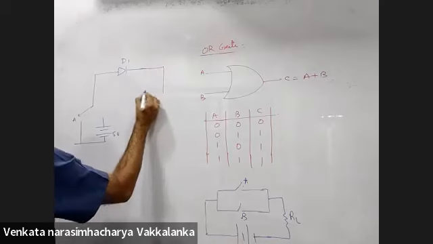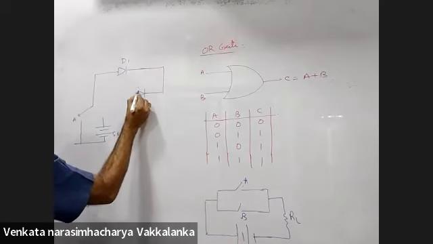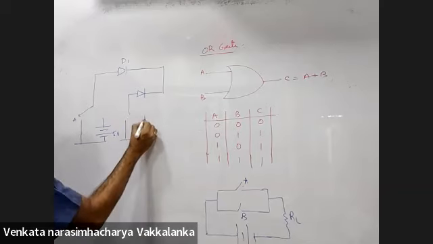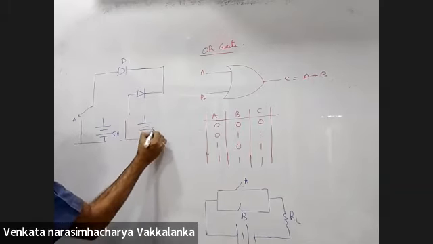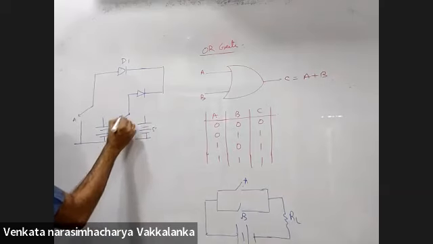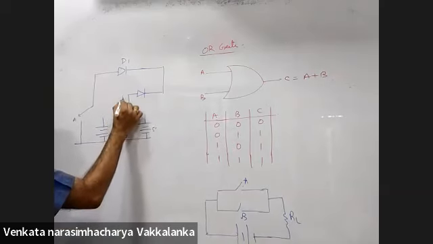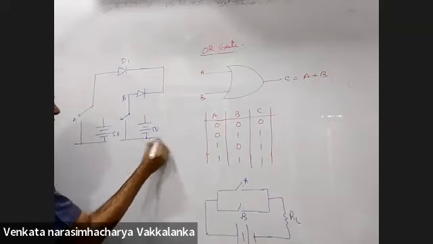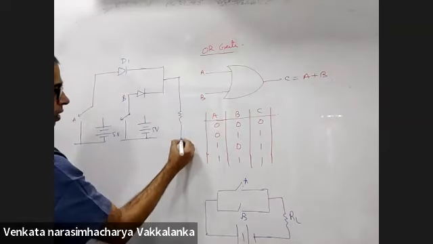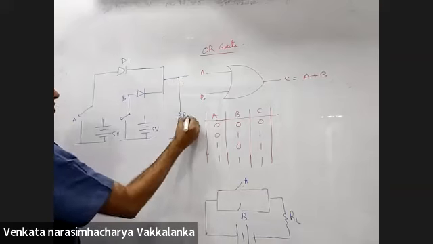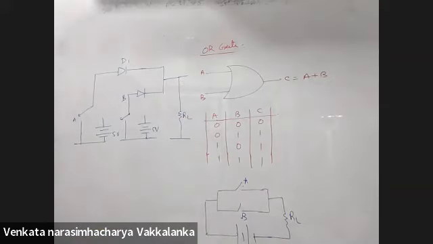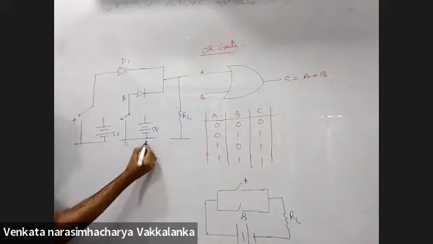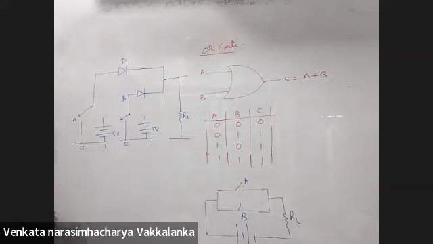Now, I have another diode here. This is 5 volts. This is B. This is A. Right? This is R. Now this is taken to be 0. This is grounded. This is 1. 0, 1.